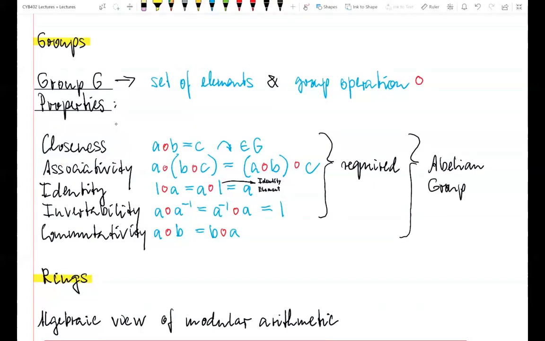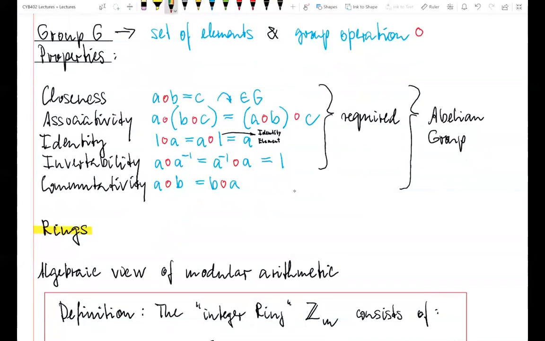This is a very, very fundamental requirement. So let's just consider for now as an example the realm of integers. And the group operation, let's say, is plus, okay?